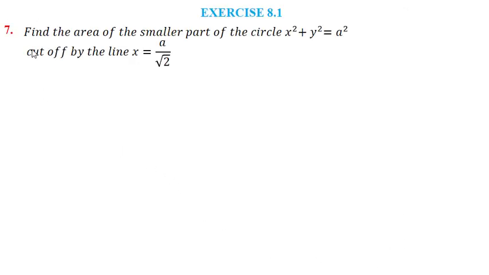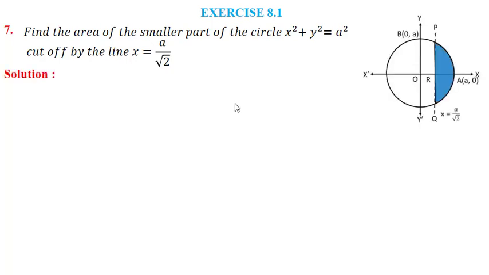Now find the area of the smaller part of circle x square plus y square is equal to a square cut off by the line x equal to a upon root 2. You can see here we have to find this shaded area. The shaded area is symmetrical about x-axis, so it is easy to calculate the area above x-axis and then multiply the whole by 2.